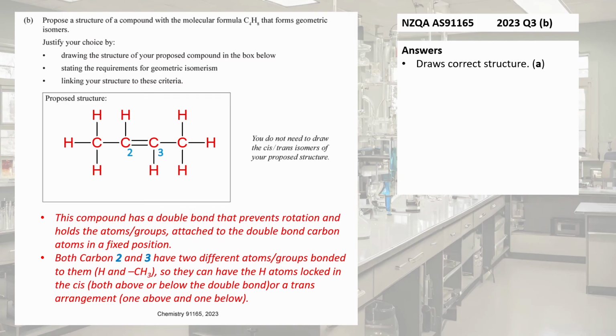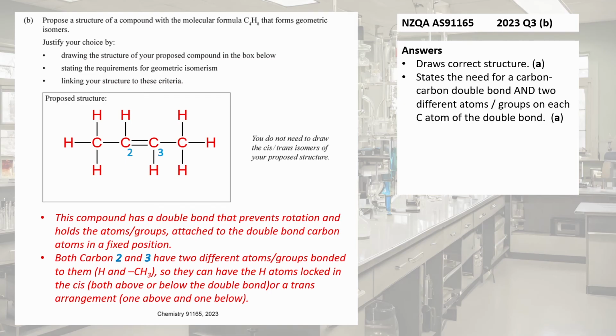Draw the structure, we get an achieved point. If we state the requirements, first bullet point, we get an achieved point. If we explain why it's needed, that's this part here, fixed position, that's a merit point. Well, that's awesome. So if we do this part here and the first bullet point, if we draw the diagram, we're going to get achieved merit.